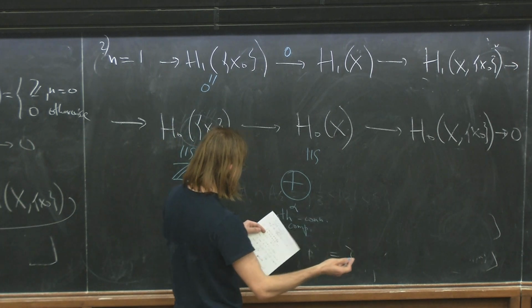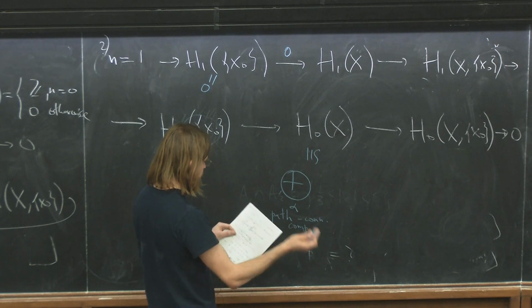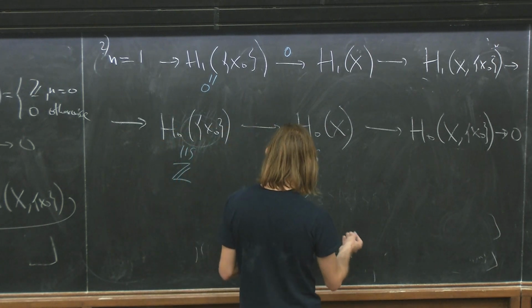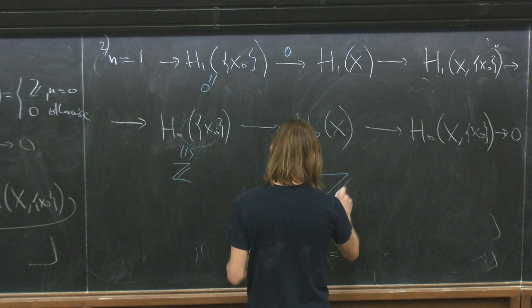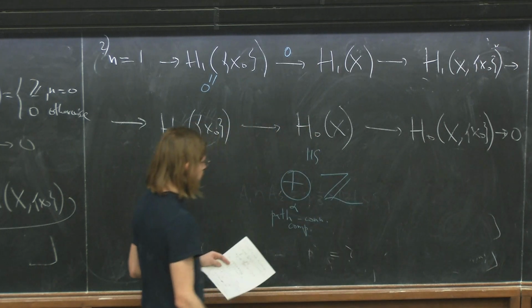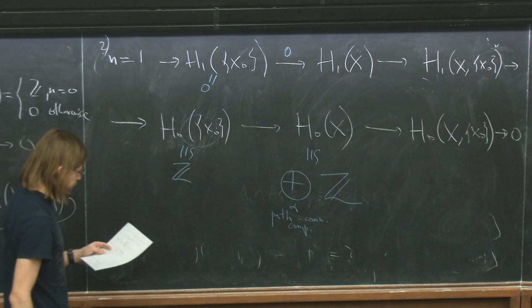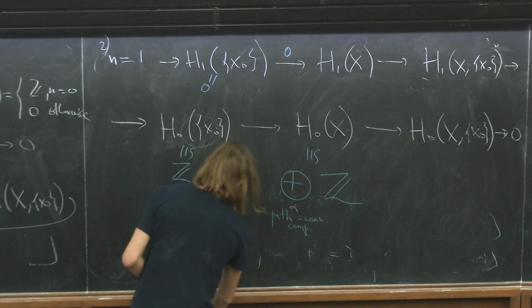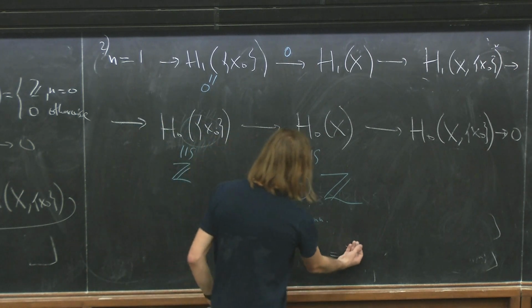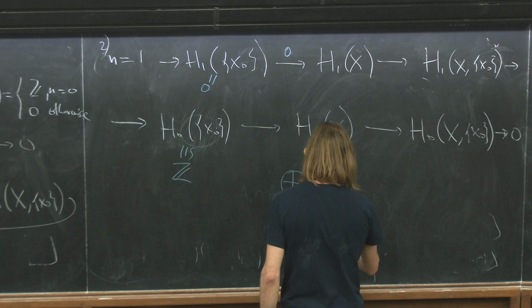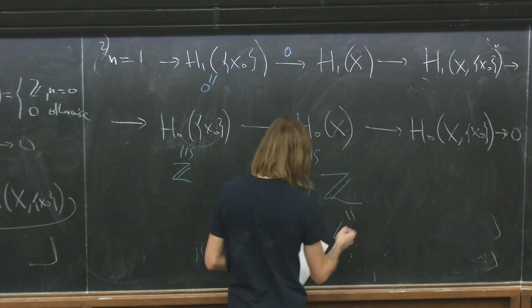This is just the classes of points which can be connected by paths, which provides an equivalence relation. And for each path-connected component, we have a copy of Z.